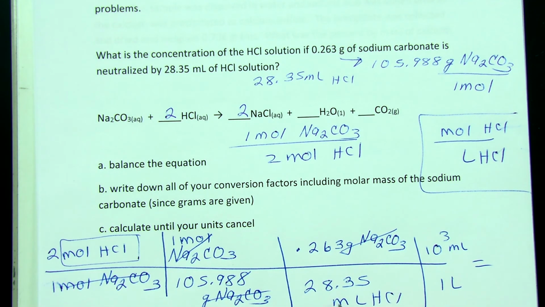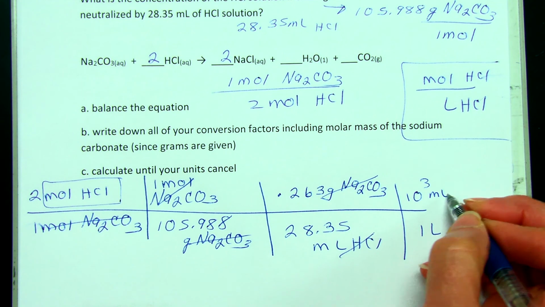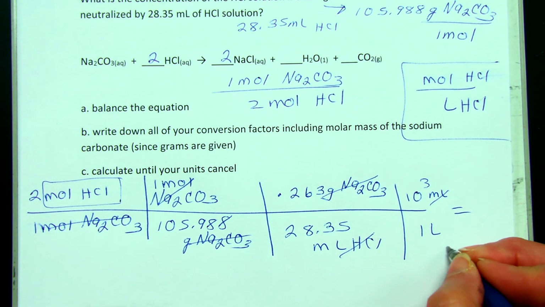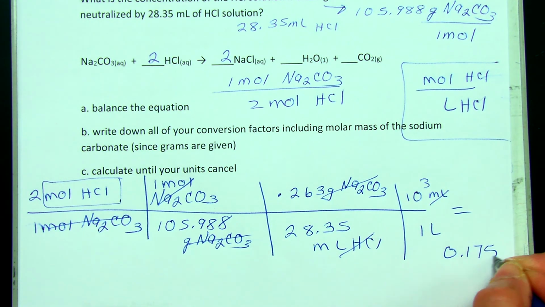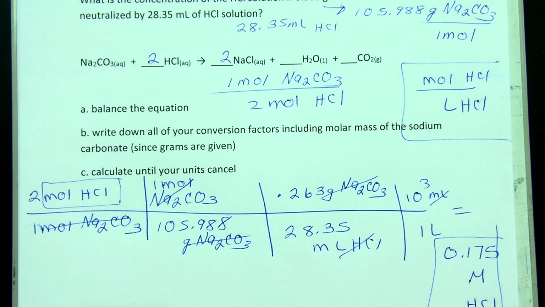Now, if you didn't put this on the bottom here, you could have stuck it over here on the bottom. And you would just put it in there because you want it on the bottom. So now my milliliters cancel, and I get 0.175 molar HCl. So I really find it useful to start with what you want when you're wanting to end up with a 2-part unit. That way you don't end up upside down.